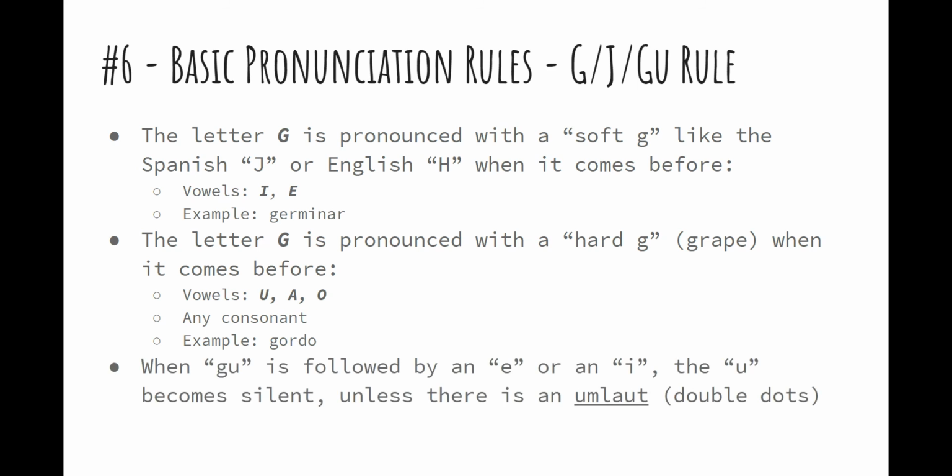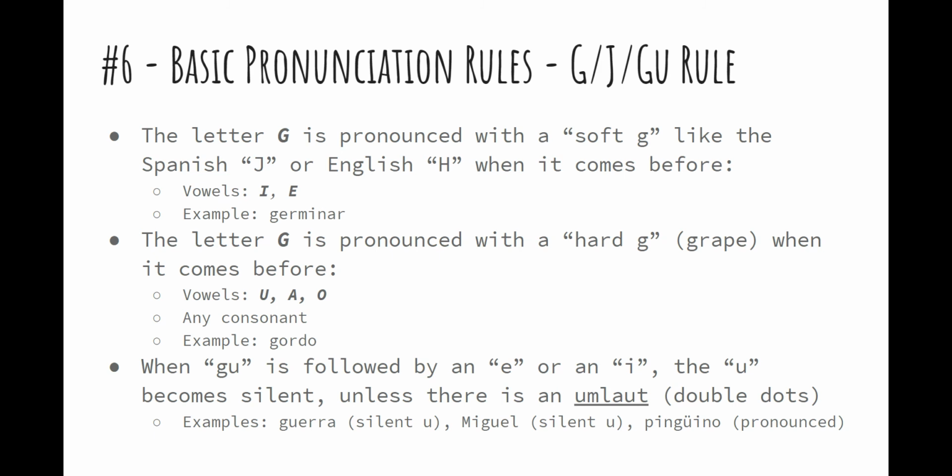Now when a GU is followed by the English E or I, so E and I always in these sound rules show up a lot, just kind of remember those two. When a GU is followed by an E or an I, the U becomes silent unless there's what they call an umlaut. An umlaut is a U with two dots above it. So some examples, we have the word guerra, which is the word for war. You'll notice there, the U is silent.